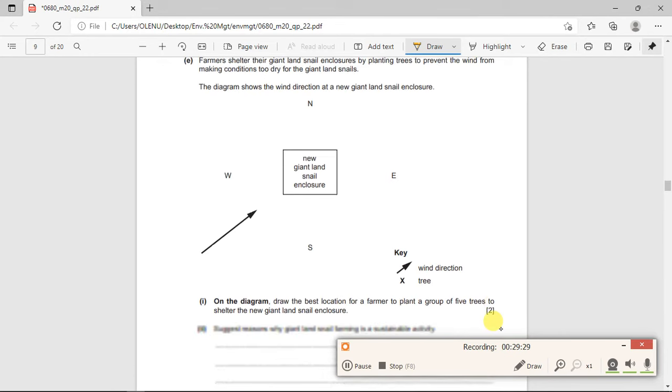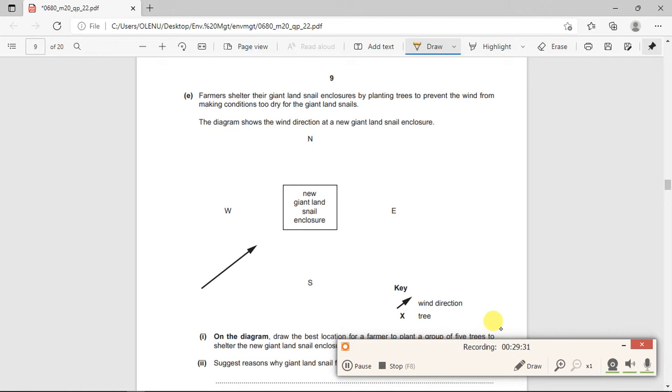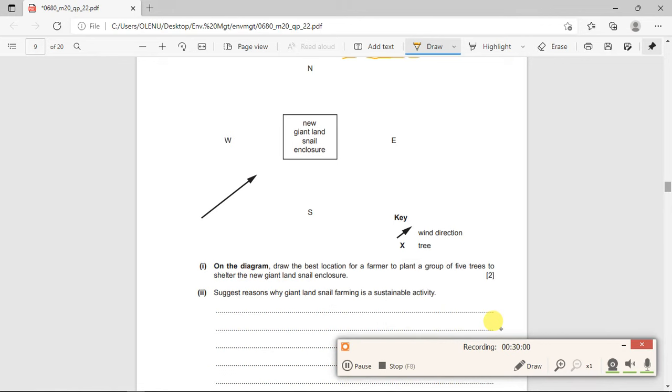Now I have this. They said farmers shelter the giant land snail enclosure by planting trees to prevent the wind from making conditions too dry for the giant land snail. The diagram shows the wind direction at a new giant land snail enclosure. So what is the question?